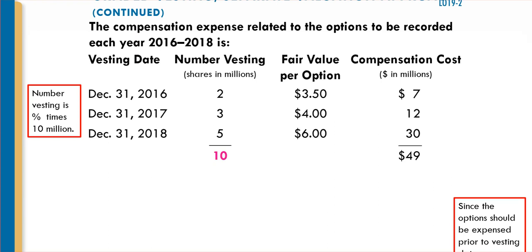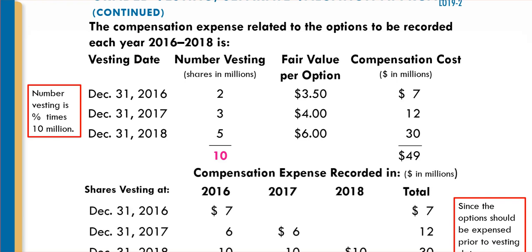There are different ways that you can handle this. I'm going to give you one here, and I may give you other methods when we go through our problems. But I want you to understand this 7, it is completely associated with 2016, is it not? The 2017 group, which is the 12 million, needs to be spread over these two periods of time, whereas this 30 million needs to be spread over the 3, right?